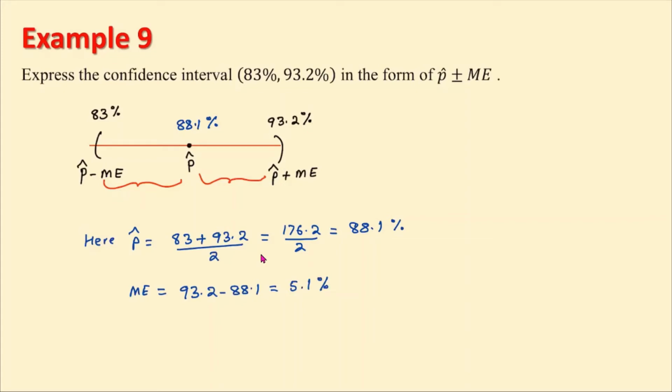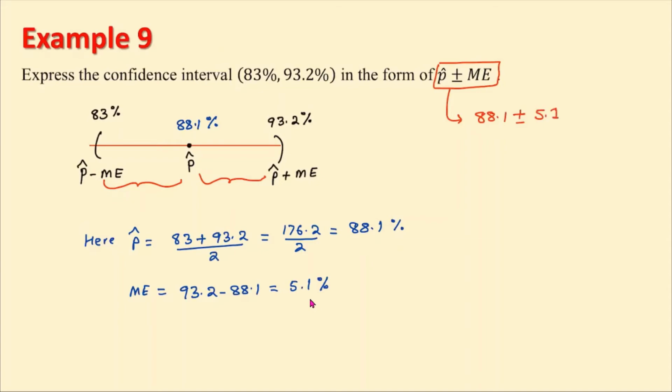So our final answer, which we are asked to write in this form, will be our p hat, 88.1, plus or minus the margin of error, 5.1.